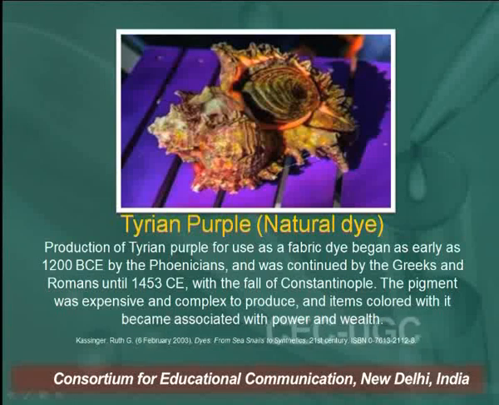And can you believe it? To obtain 1.4 grams of Tyrian purple dye, over 14,000 snails were crushed. They took out the glands of the snails, dried them, and then formed this Tyrian purple or royal purple dye.